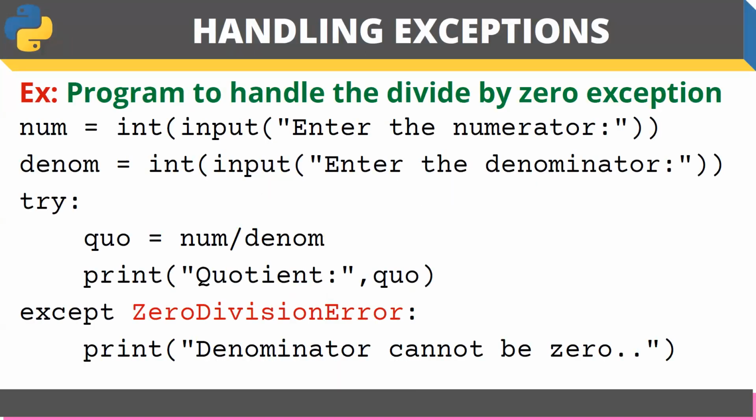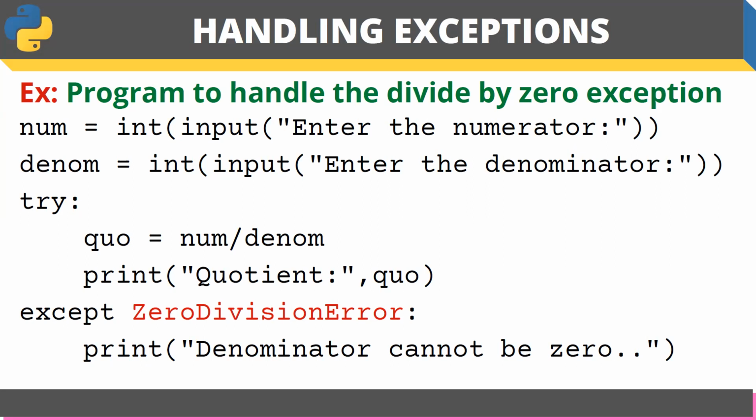Now we will see some examples. The first one is a program to handle the divide by 0 exception. First we take a variable number and take input: enter the numerator and denominator. Then try: quotient equals number divided by denom, and print quotient equals the quotient value.